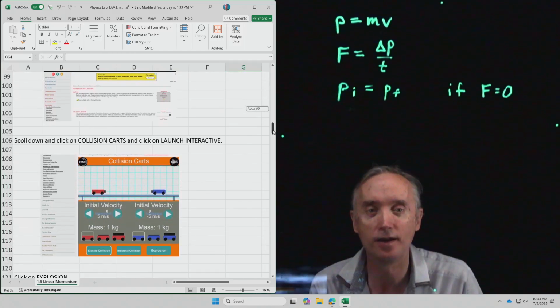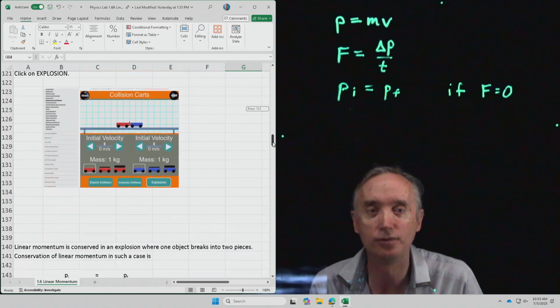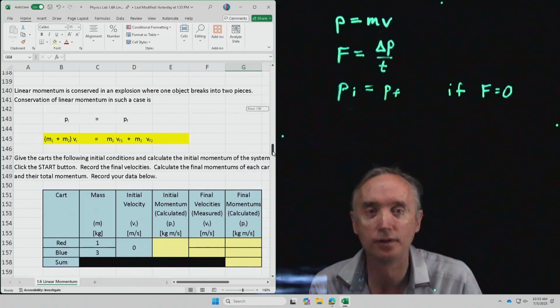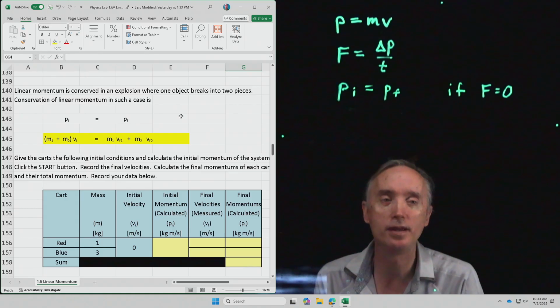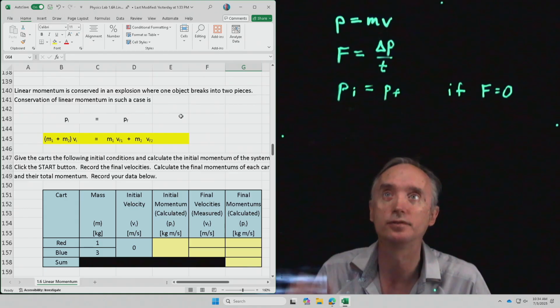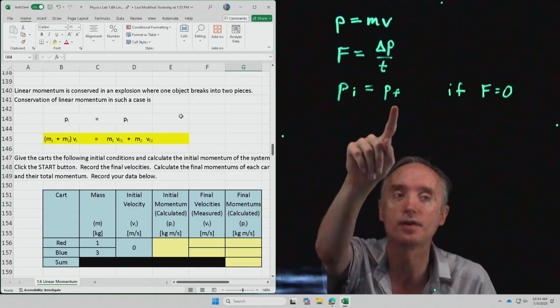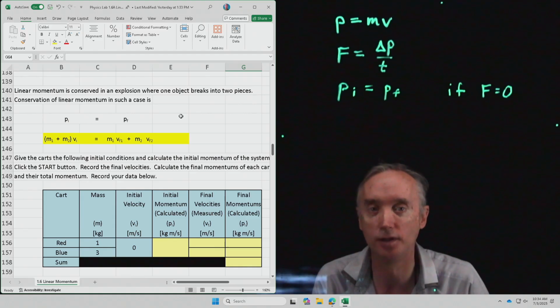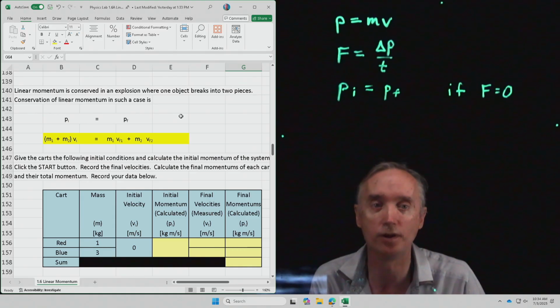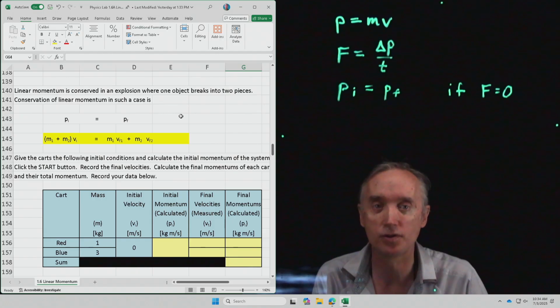So now we're down to here. Okay, and now we're going to make use of this conservation of momentum. The momentum that you start with has to equal the momentum that you end with. So what was the initial momentum of the system?